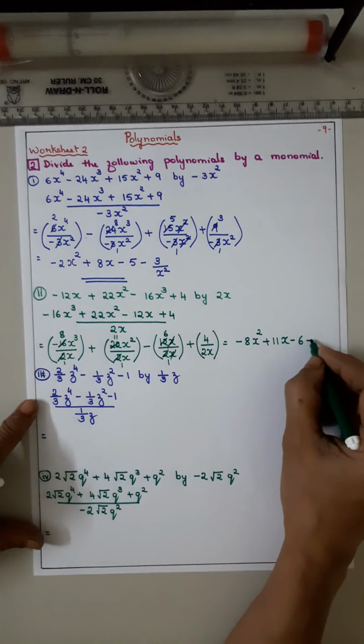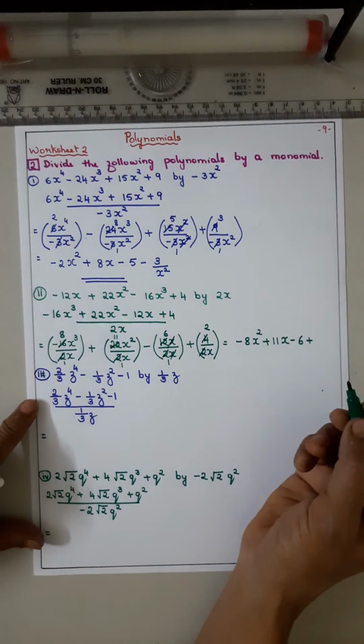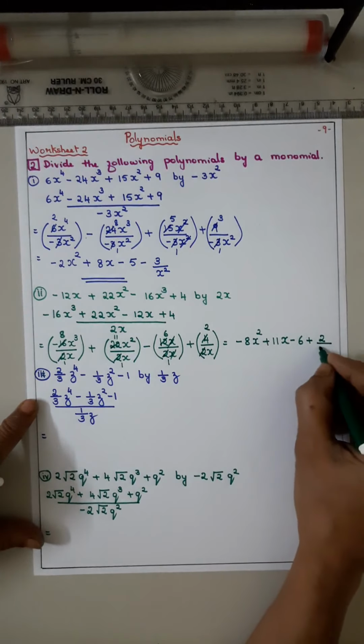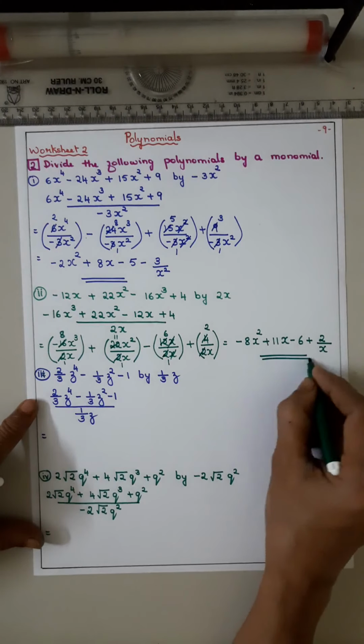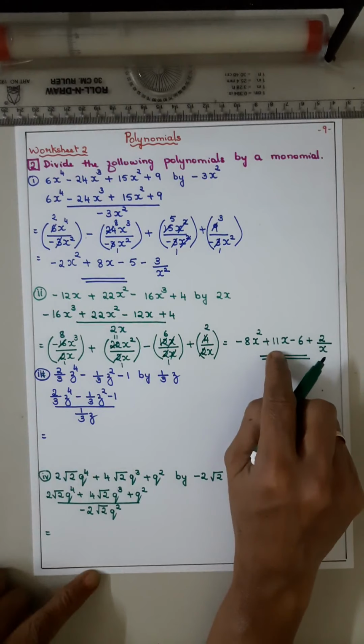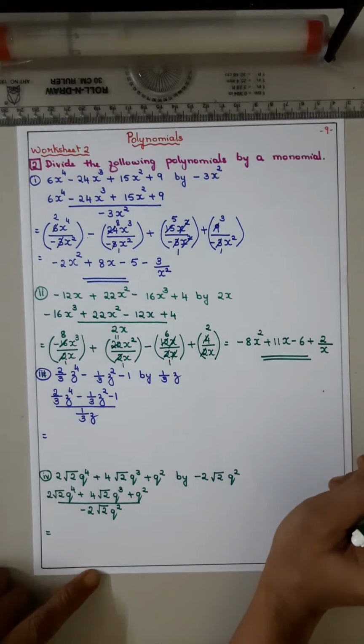Now it is plus 2 ones are 2, twos are... so numerator it is 2 and denominator there is x. So the answer is minus 8x squared plus 11x minus 6 plus 2 by x.